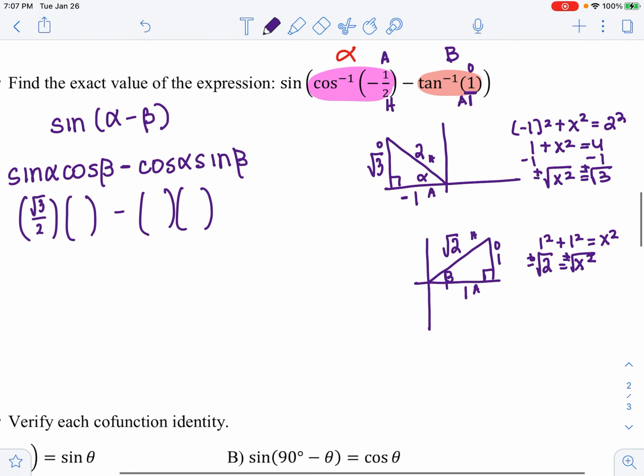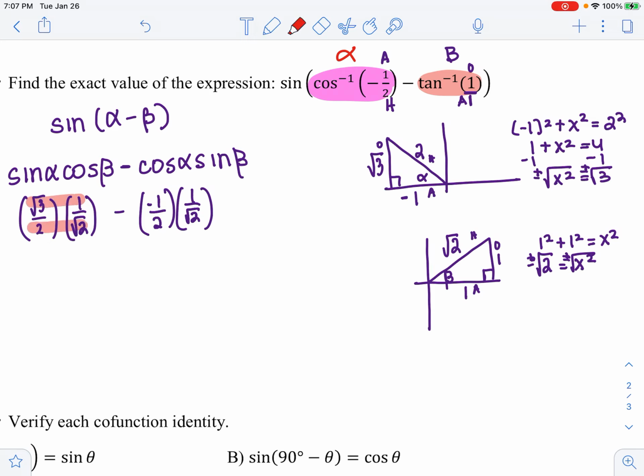This is adjacent, this is opposite, this is hypotenuse. Cosine of beta is 1 over root 2. All right, now I need cosine of alpha. If I look over there, that's negative 1 over 2. And then sine of beta is opposite over hypotenuse, 1 over root 2.